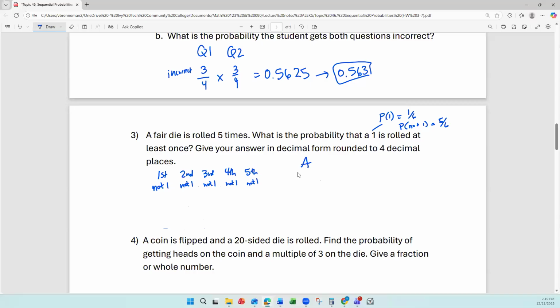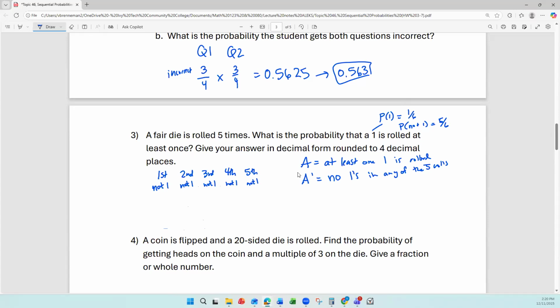If A is the event that at least 1 1 is rolled, then not A would be no ones in any of the 5 rolls. Now that we can calculate.